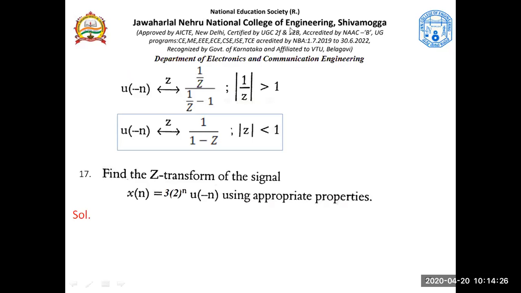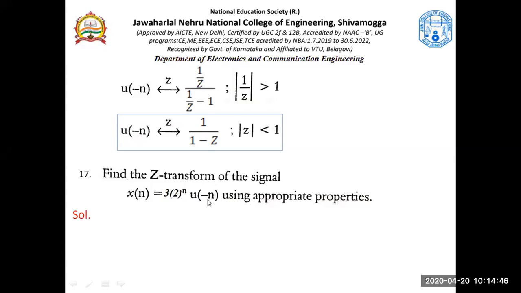Why? Because here you have 2 power plus n and you have minus n, and this is the same signal. It is one signal in which one n is positive and the other n is negative. So this is not allowed.